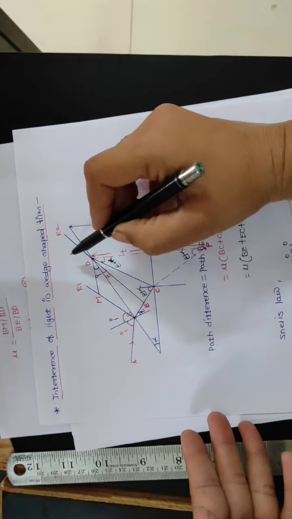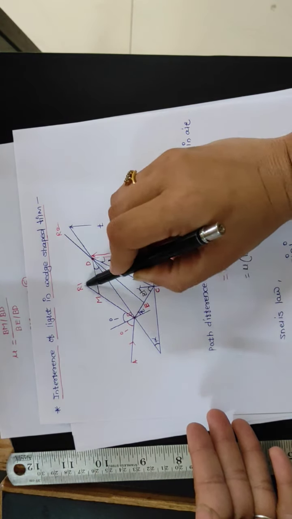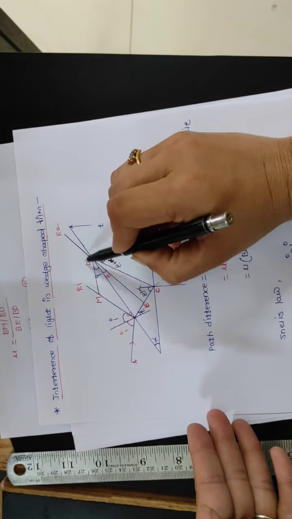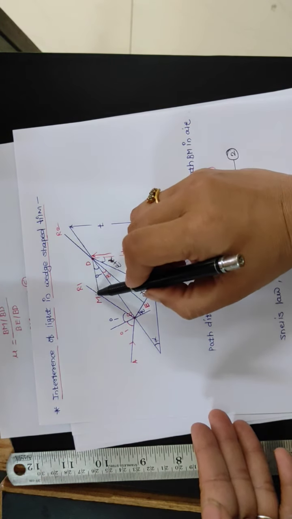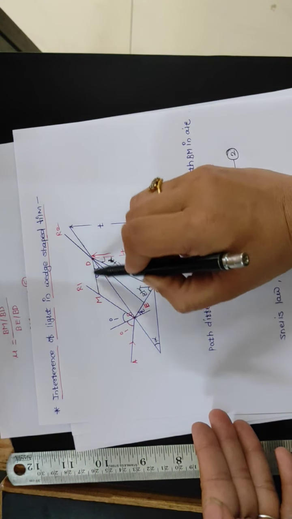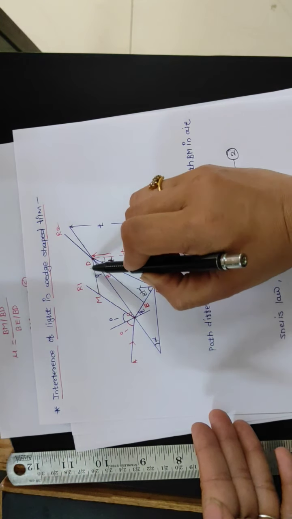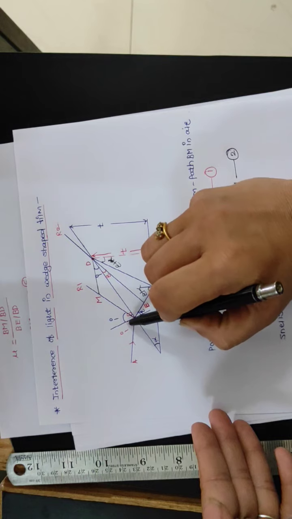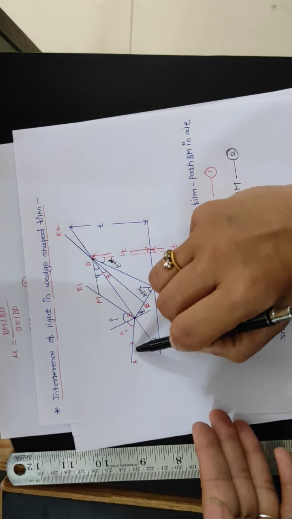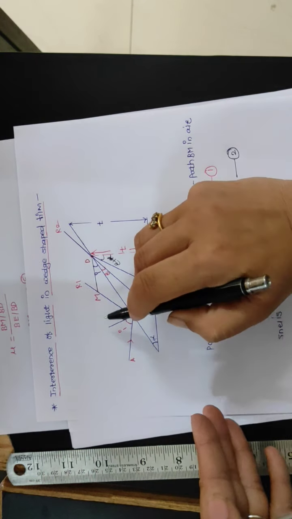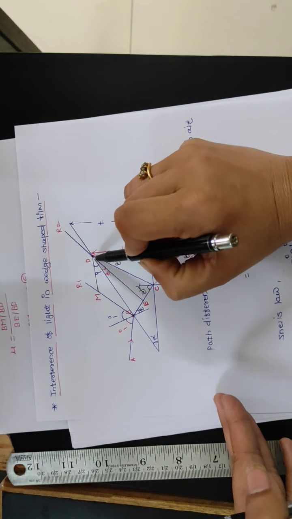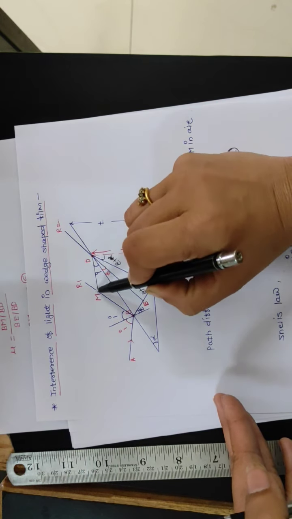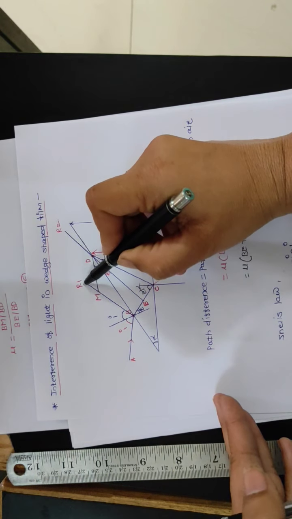Now both the rays, that is BR1 and DR2, are parallel to each other and they are coherent rays. Why are they coherent? Because both the rays are derived from the same incident ray AB. So to find out the path difference between these two rays, we have to draw a normal DM on BR1.